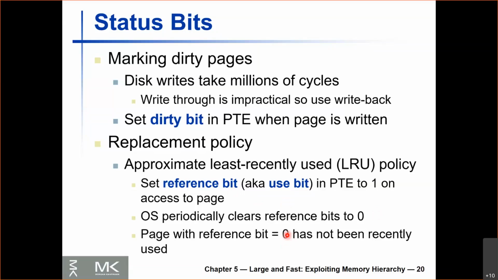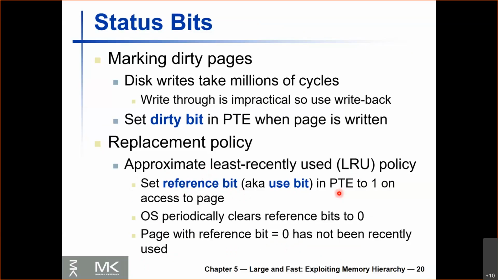In other words, it has not been accessed since the time that the operating system cleared the reference bits. And based on that, we will evict the page if its reference bit is 0. So this is one possible way to approximate least recently used for a very large number of pages. And it uses a reference bit, which will be contained inside of the page table entry.